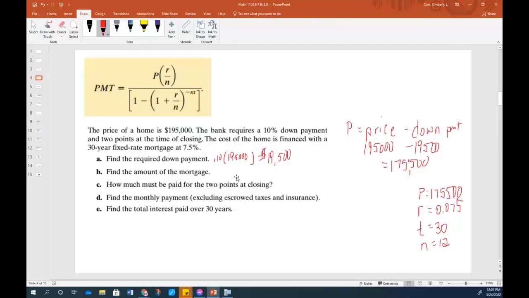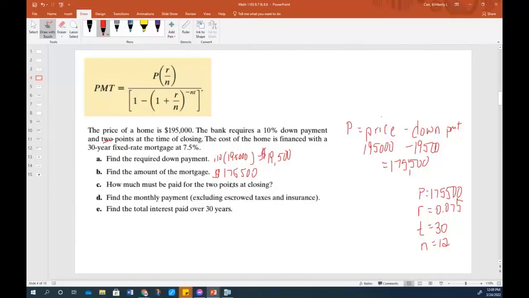So find out the amount of the mortgage. The amount of the mortgage is that P. So we've already said we are financing $175,500. If we are going to pay for 2 points at the time of closing, which just happens to be what this bank is requiring there, that does not lessen our amount. That is a fee we're paying, and that fee is doing something to our interest rate.